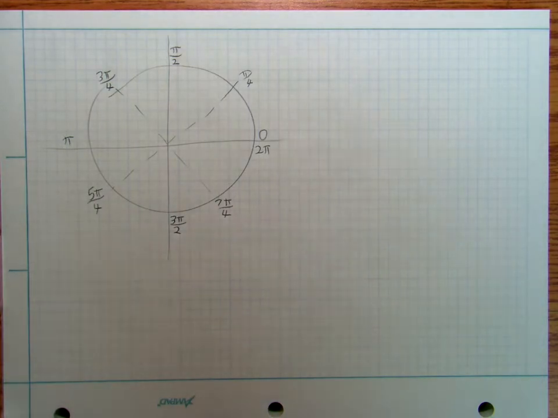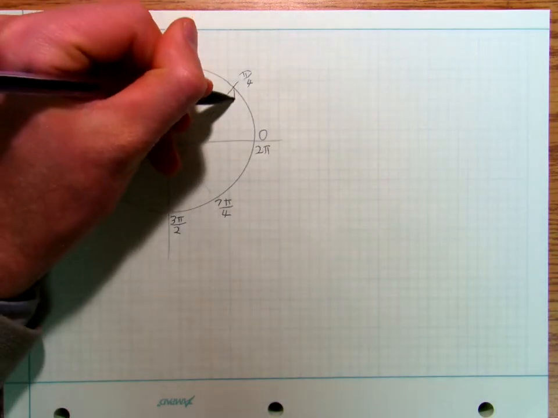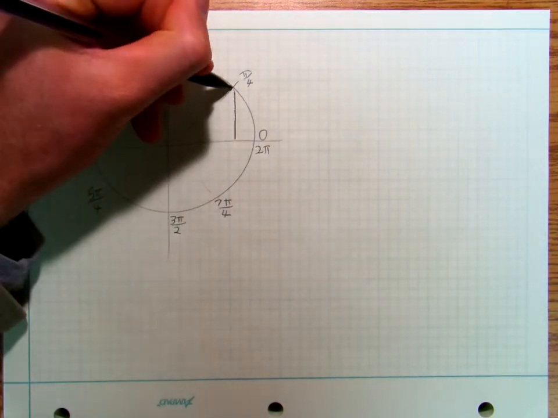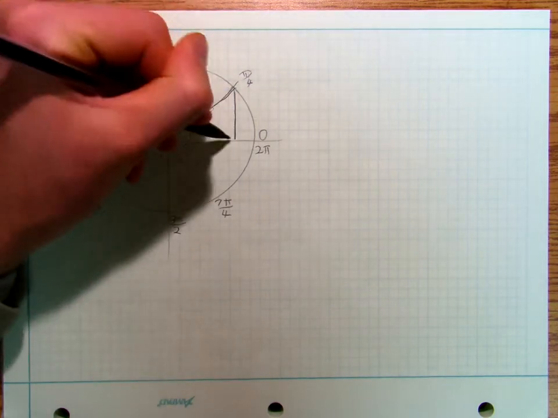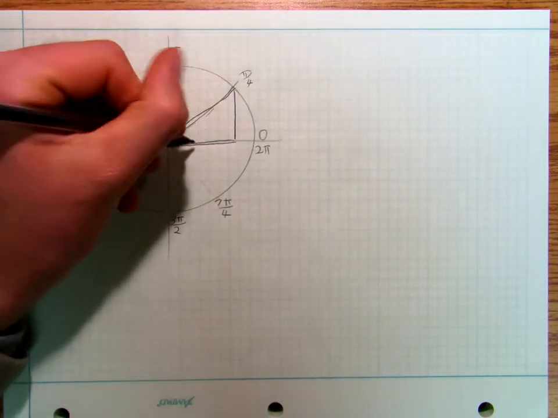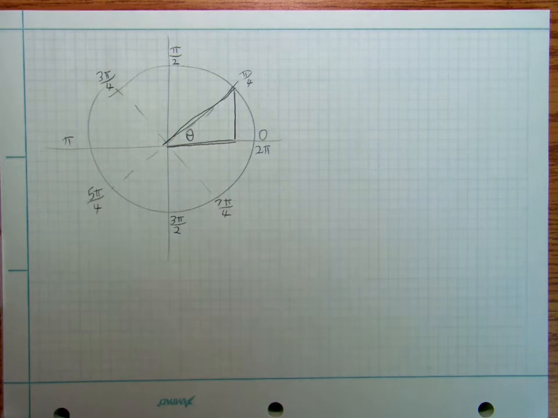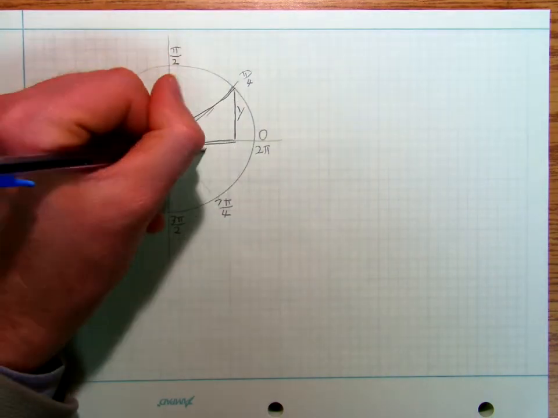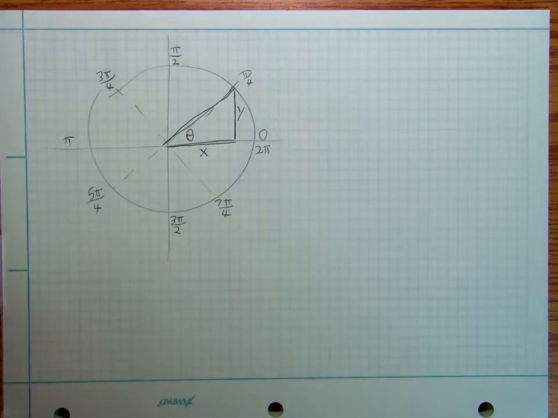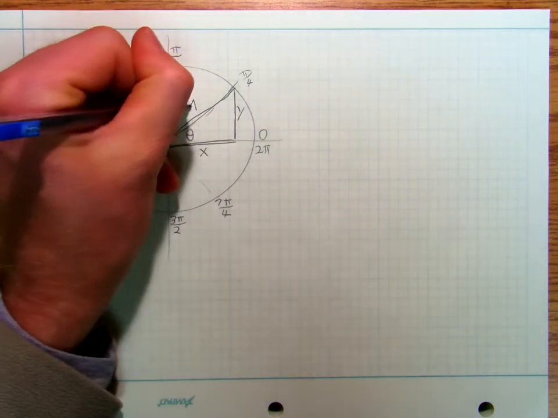So then we have our basic trig functions, and they come from a right triangle that's like this. We're going to call that theta, we're going to call that y, and we're going to call that x. We're going to call that 1.